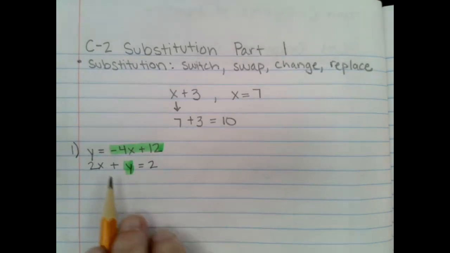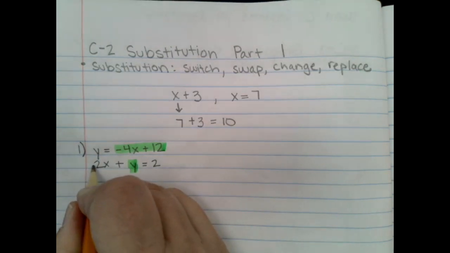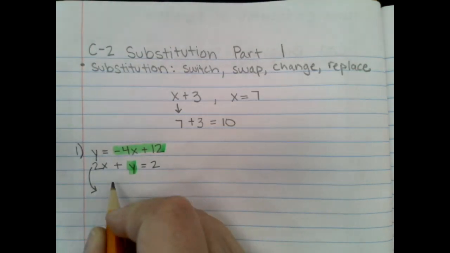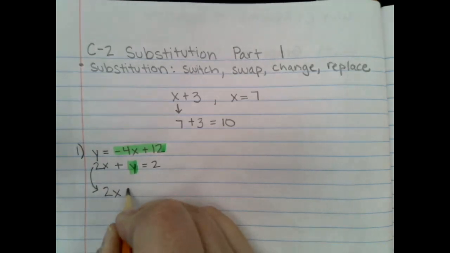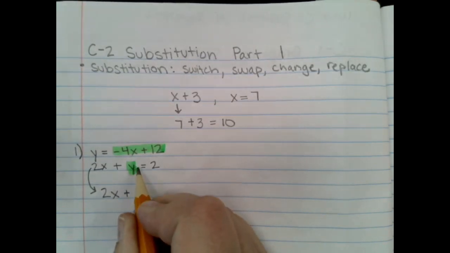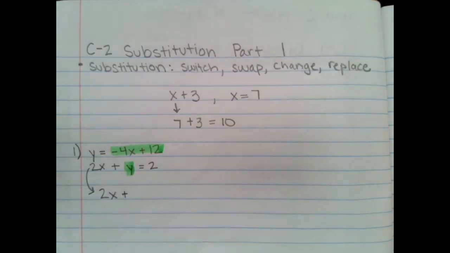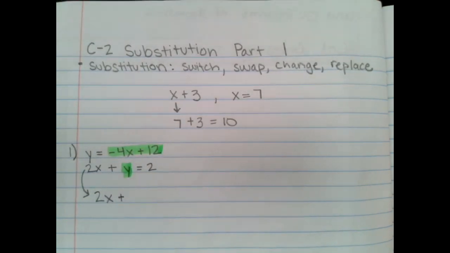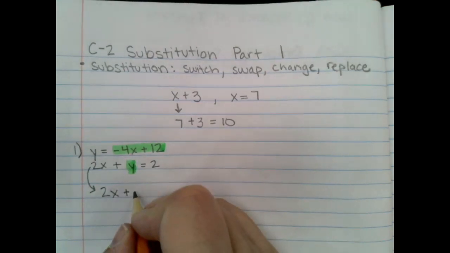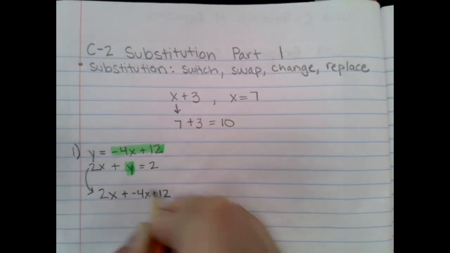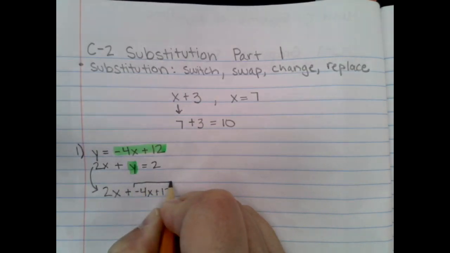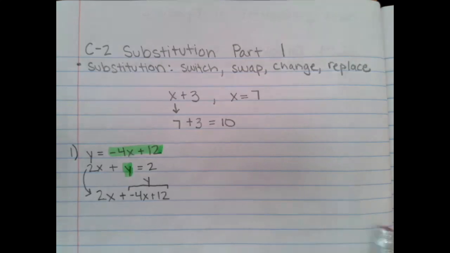All right, so what I'm going to do is take this equation. We're going to keep that 2x plus, but now instead of writing y, what did we say is the same thing as y? Negative 4x plus 12. That whole thing is y. So I'm going to highlight that again to show that that is what we did.